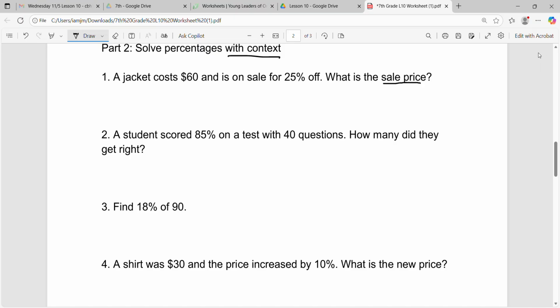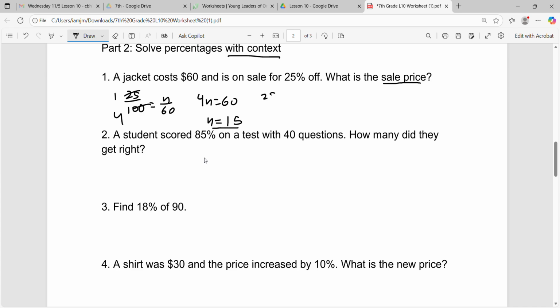We'll use the same equation. 25 over 100 is equal to n over 60. Simplify: 1 and 4. 4n equals 60. n equals 15.